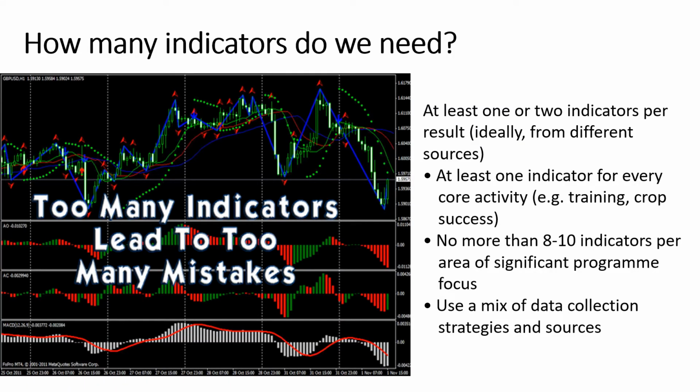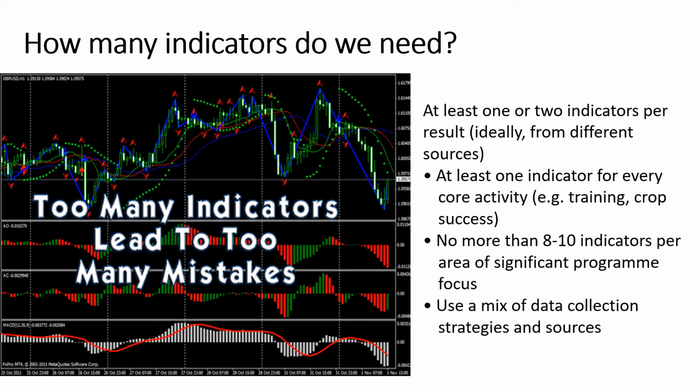Okay, so how many indicators do we need for a specific intervention? If we've got too many indicators, then it might lead us to make many mistakes. So at least 1 or 2 indicators per result from hopefully different sources, so that we don't only look at one specific thing and make a huge decision based on one set of information.